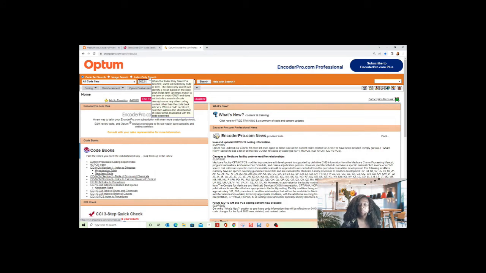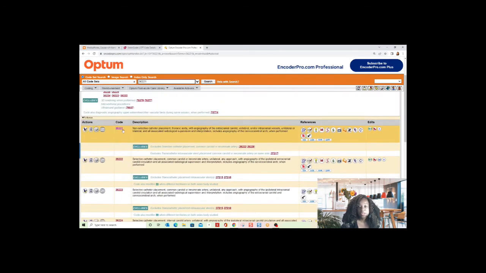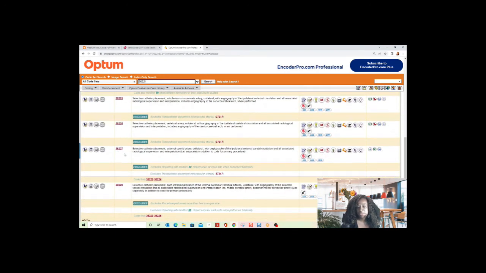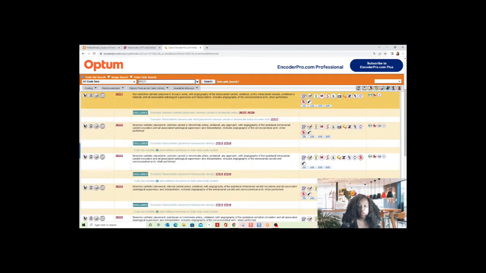That's also why I have both of them, because it's easier for me that way. This range of codes is what I'm talking about, 36221 to 36227, or 36226. This whole range, all the way through 8, are the codes they created to study the cervicocerebral family.